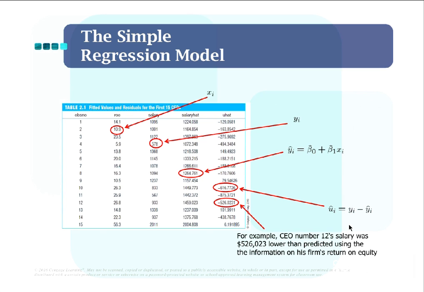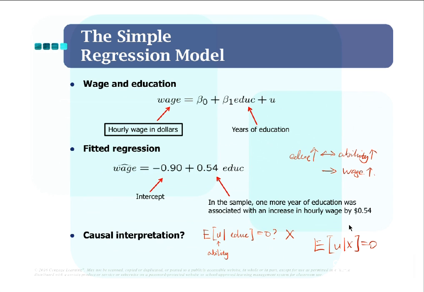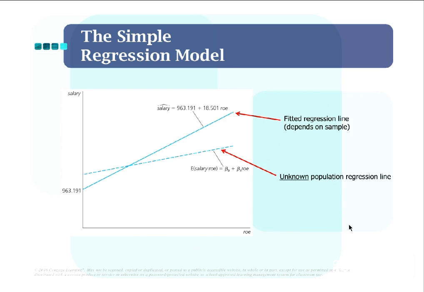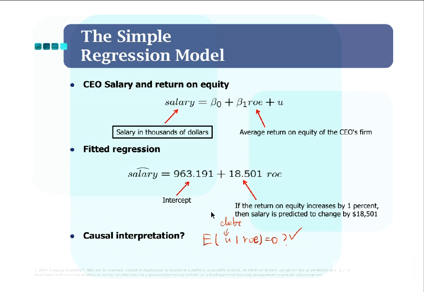So here's the example of CEO salary and ROE. Recall that in this example, we obtained beta 0 hat equal to 963 and beta 1 hat equal to 18.5.